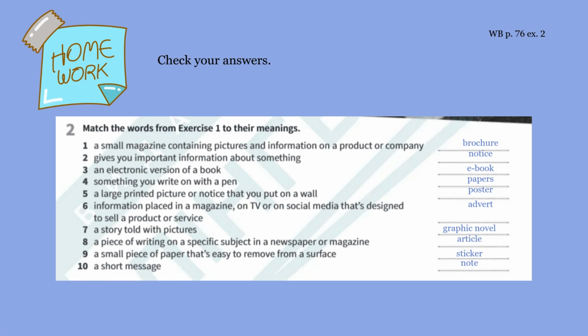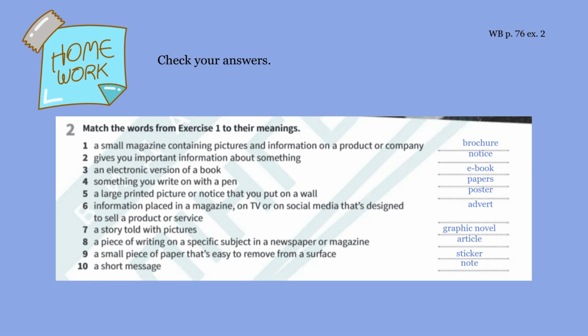It's a notice. 3. An electronic version of a book. It's an e-book. 4. Something you write on with a pen. Papers. 5. A large printed picture or notice that you put on a wall. It's a poster.